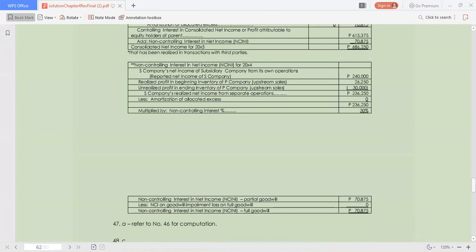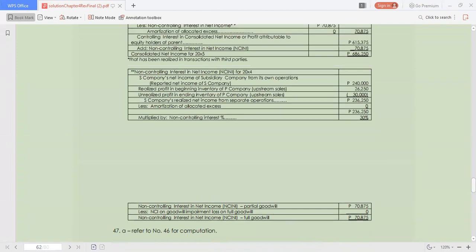That's the income to the controlling interest. So controlling interest in consolidated net income, or profit attributable to equity holders of parent, we have 615,375. Now that is how letter A was computed.